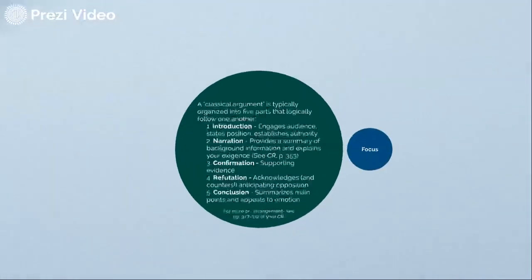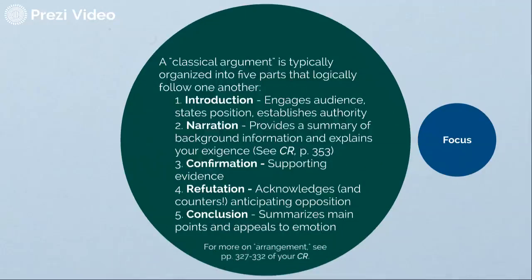Now, we're moving on to the arrangement section, in which I'm mostly using the classical argument model, which is typically organized into 5 parts that logically follow one another. While these 5 parts are not the only way to write a research essay, and while it is classical, so you might think it's outdated, it provides a general structure that might be helpful for you if you are lost, and it is still a practical and effective way to organize an argument no matter what you're writing for.